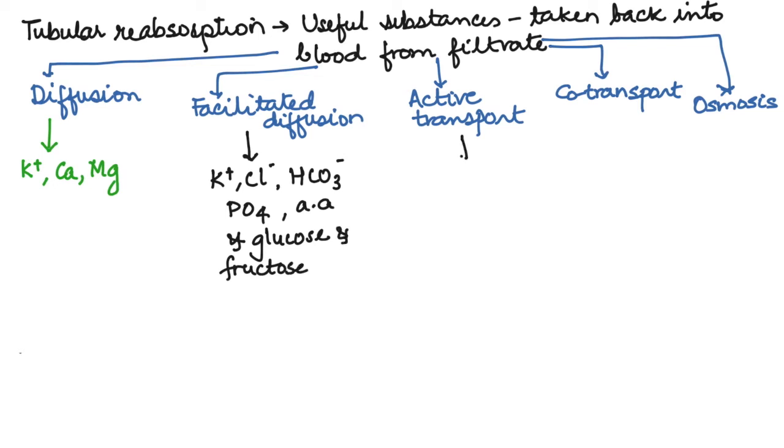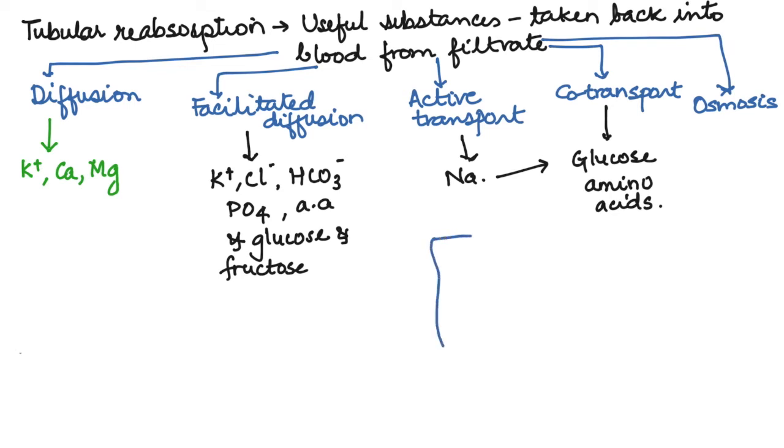Now, active transport is something by which the useful substances are taken. So, this is applicable for amino acids and glucose. This active transport actually takes place in the way of a co-transport. The sodium ions are taken up by active transport into the blood capillaries, and then sodium and the glucose or amino acids are taken up by co-transport.